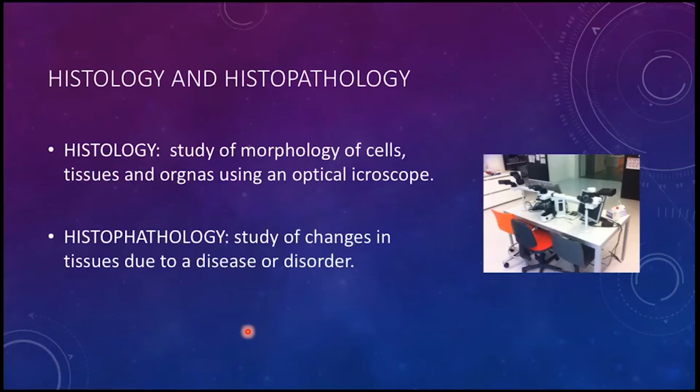On the other hand, as I promised, we have histology and histopathology. Histology basically is the study of the morphology of cells, tissues and organs using an optical microscope. This is quite a nice one here. And histopathology uses histology, this morphological study of the tissues, to actually study the changes that occur in the tissue when there is a disease or a disorder going on.